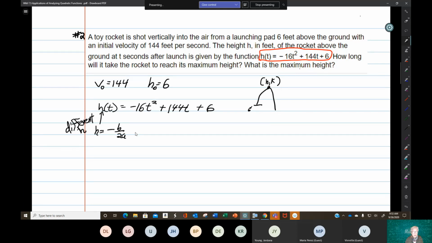Okay, now H equals negative B over 2A, so that'll be negative 144 over 2 times negative 16. So that'll be negative 144 over negative 32.